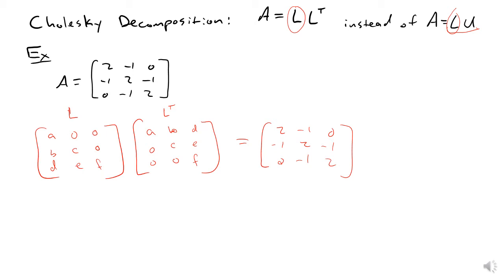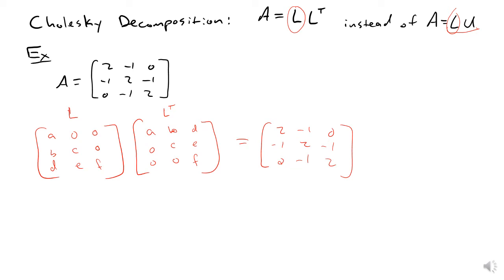If the matrix isn't symmetric and positive definite, then you may not be able to factor it in this way. All right, so once we have this L times L transpose, really our goal is to find out what these entries are, A, B, C, D, E, and F.